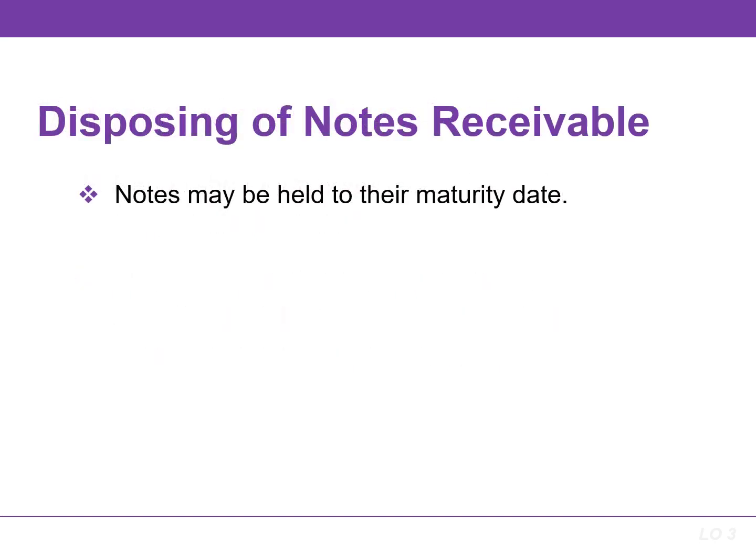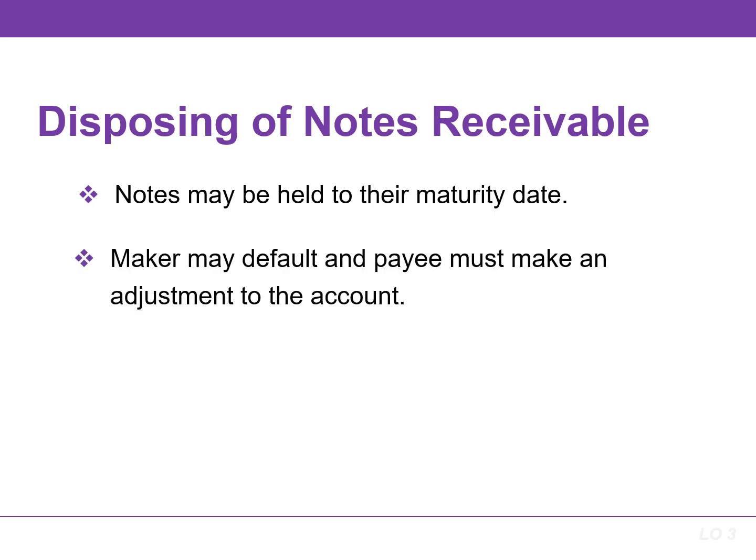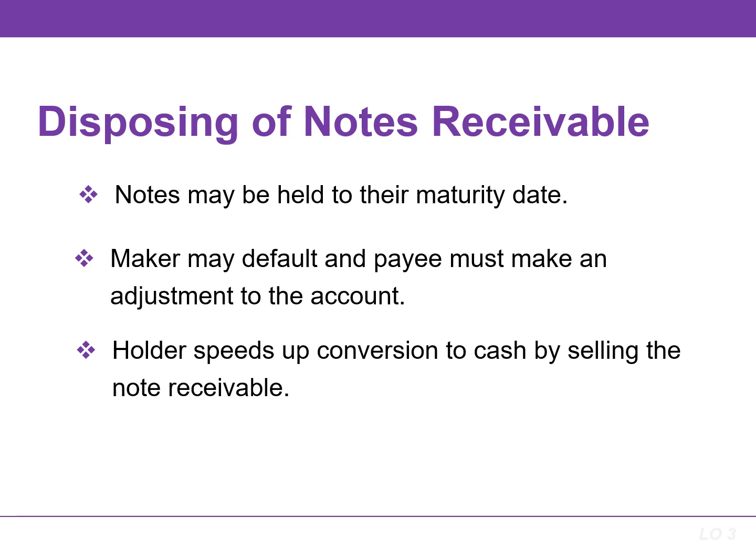Notes may be held to their maturity date, at which time the face value or principal plus accrued interest is due. In some situations, the maker of the note defaults, and the payee must make an appropriate adjustment. In other situations, similar to accounts receivable, the holder of the note speeds up the conversion to cash by selling the receivable.